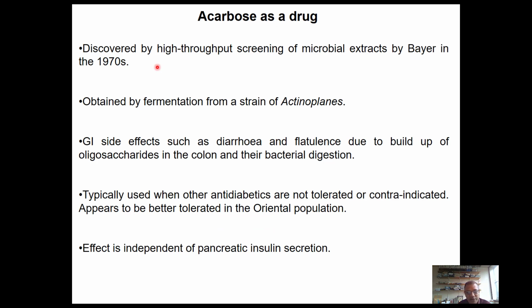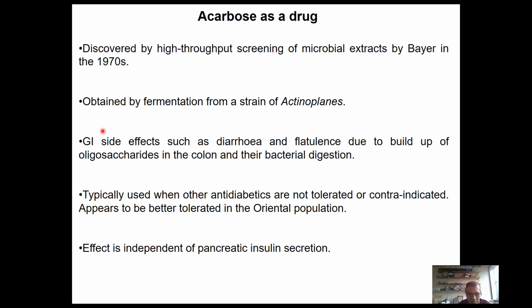And this was a drug, as I mentioned in the beginning, which was discovered by high throughput screening by Bayer about 40 years ago. And it's actually produced by microbial fermentation from a soil microorganism. And it's a relatively safe drug. The main side effects are gastrointestinal.